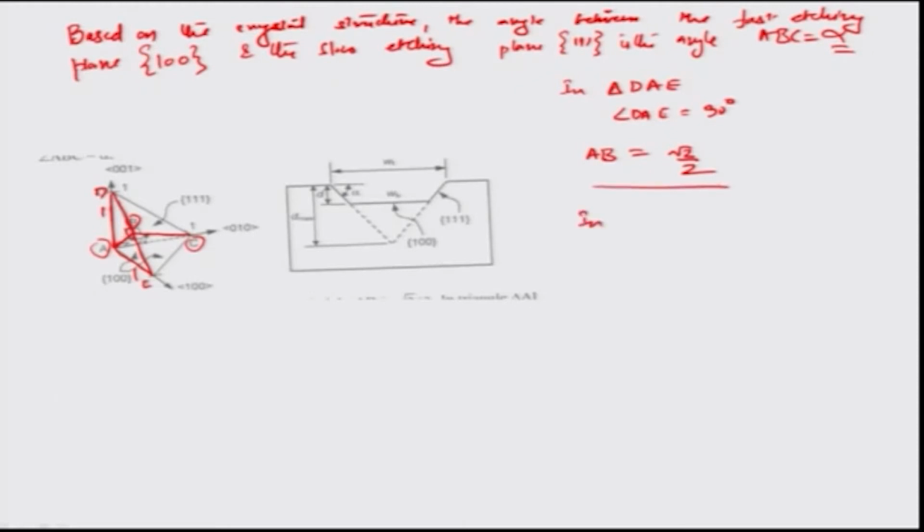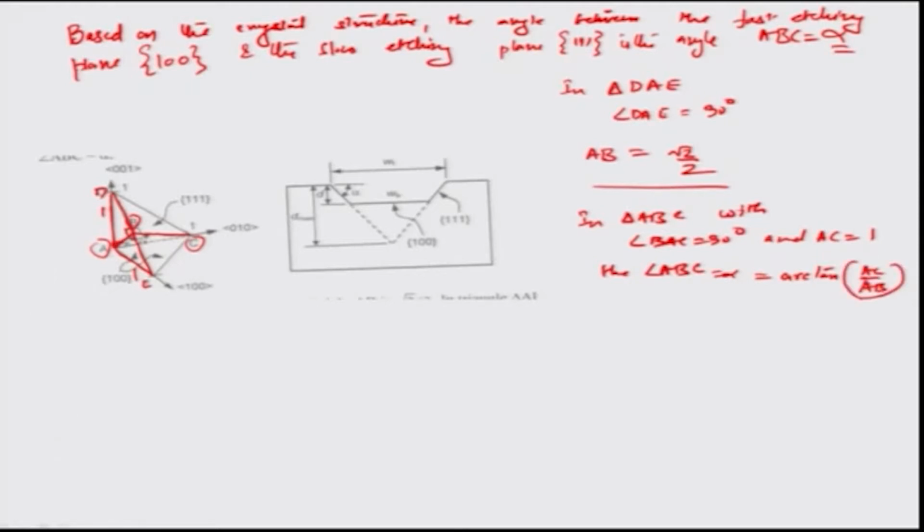So in triangle ABC with angle BAC equal to 90 degrees, as you can see here, and AC equal to 1, the angle ABC will be given by alpha, which obviously equals the arctan of AC by AB. Okay.